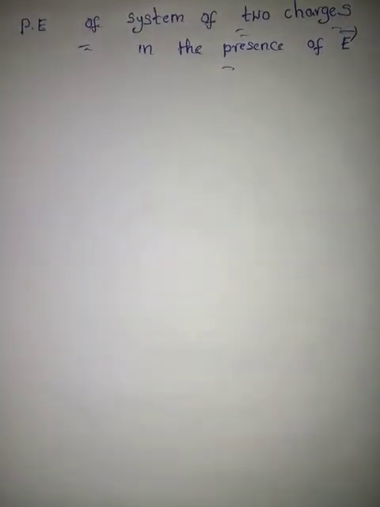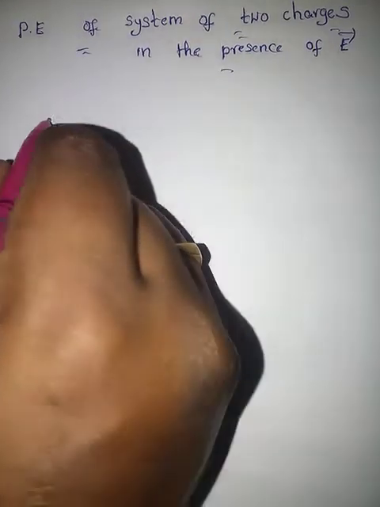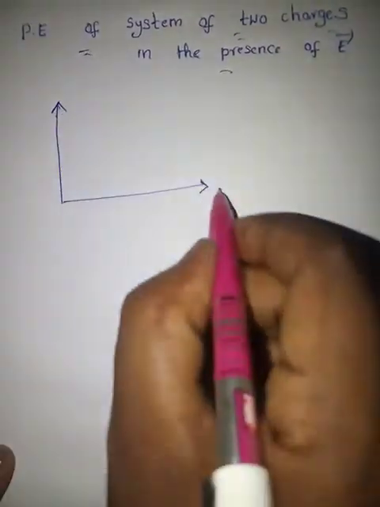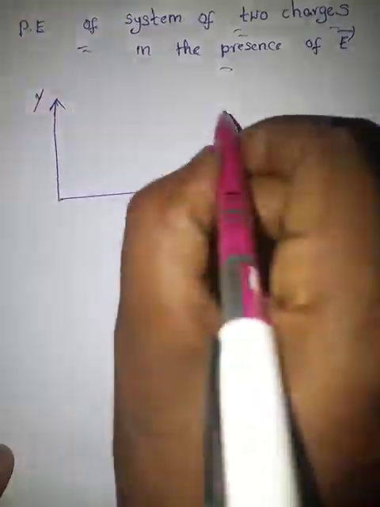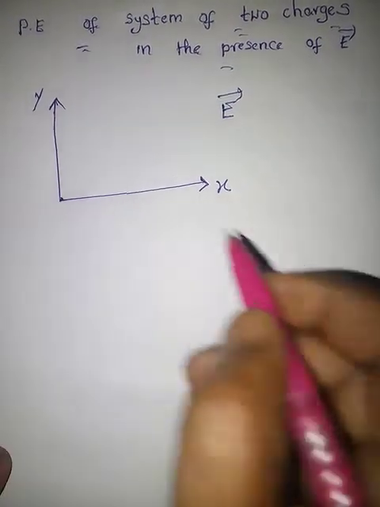In the previous case there is no external electric field; the electric field is because of the individual charges. Now let us consider an electric field present in the XY plane.